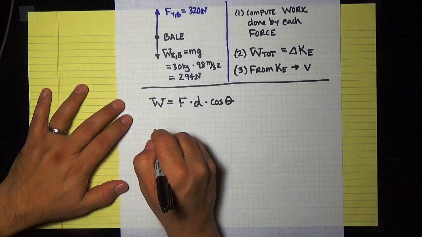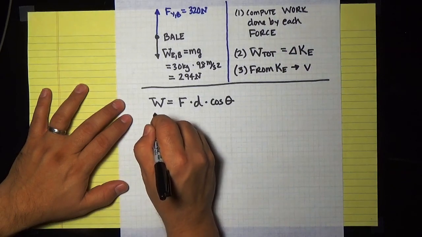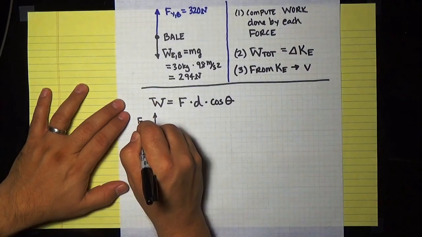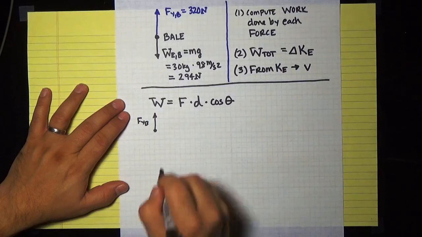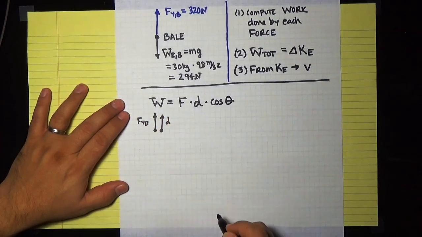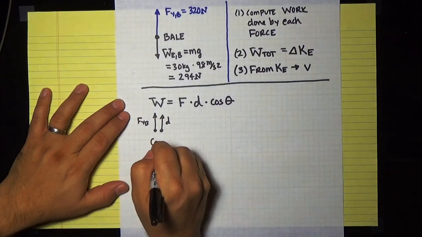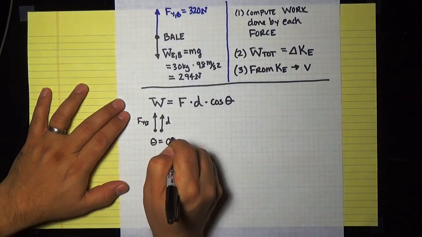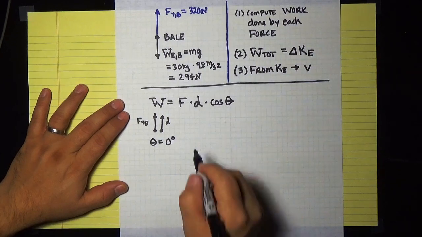So for the force of you pushing upward on the bale, the displacement d is also upward. So in this case, the angle theta is 0 degrees. Okay?